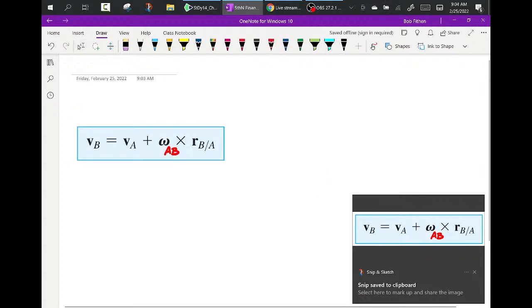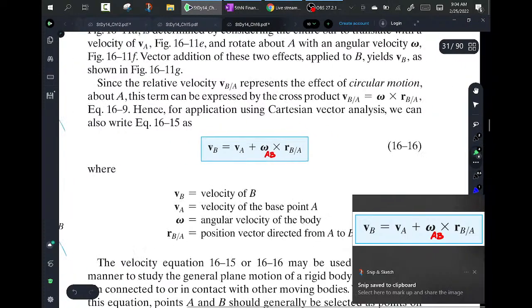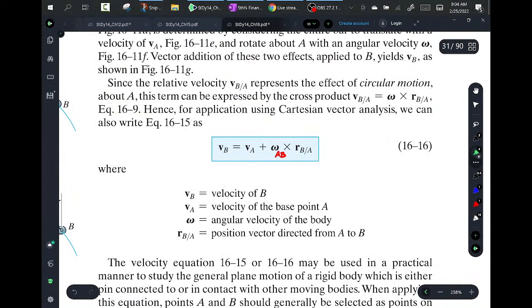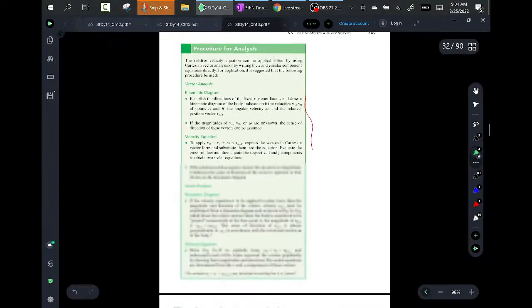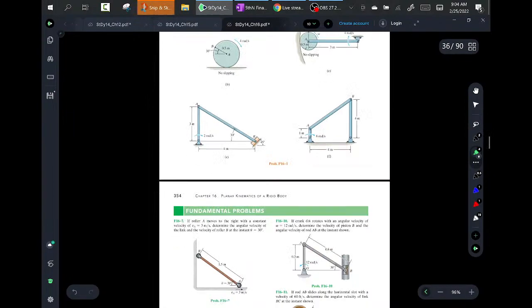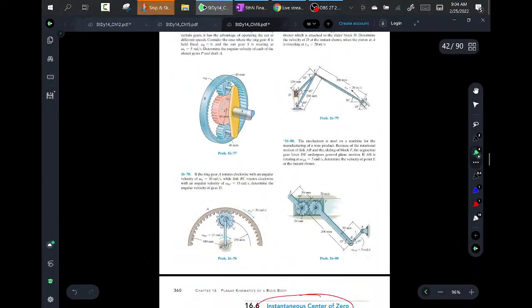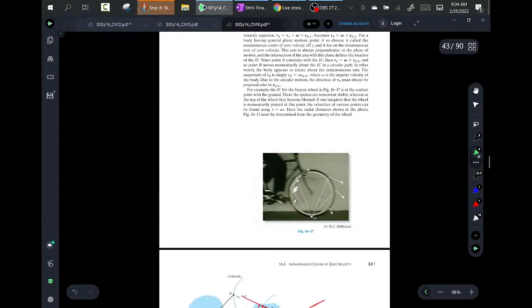So there's our first equation. The second equation we're going to focus on is down in here in the acceleration. We will work a problem all the way through that has velocity and acceleration.